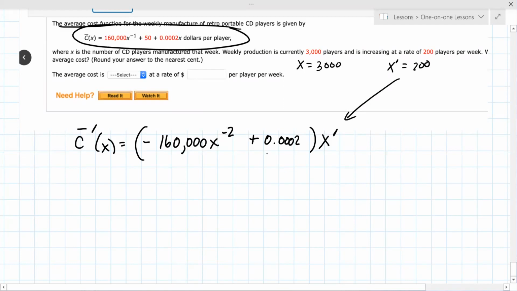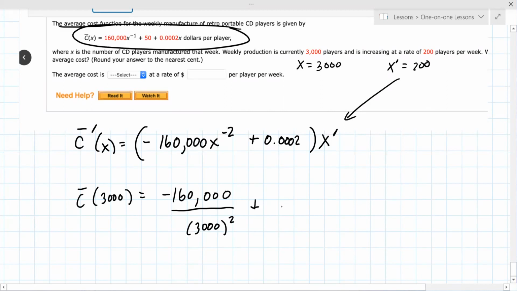Now you're going to do C bar prime of 3,000: minus 160,000, and then the 3,000 is really on the bottom, because of the negative exponent. This is a calculator thing, obviously.